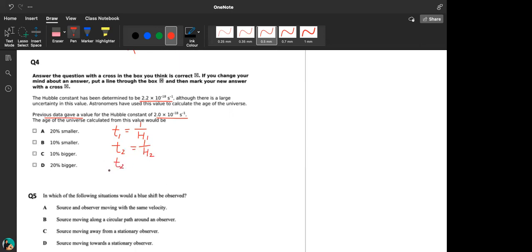We do T2 over T1, which is 1 over H2 times H1. Then you see the ratio, how much is that one?